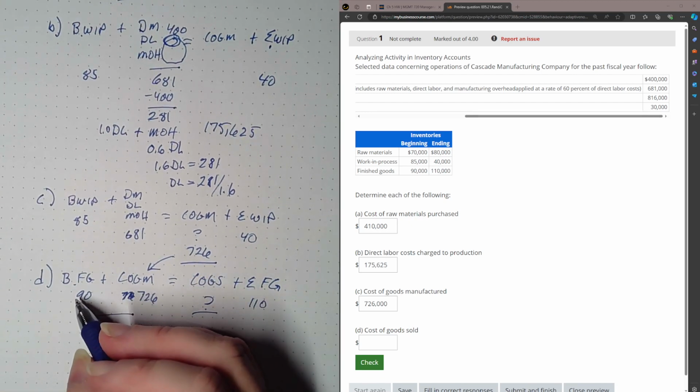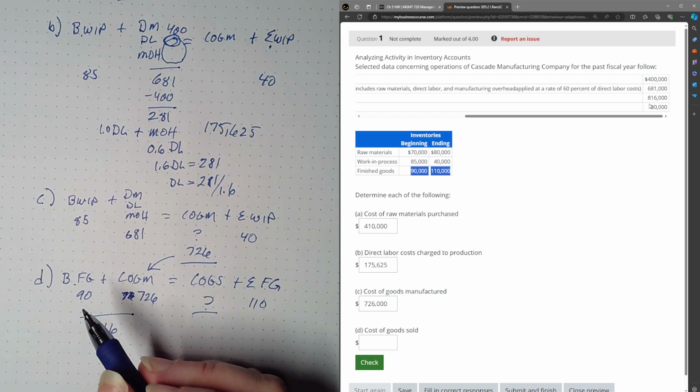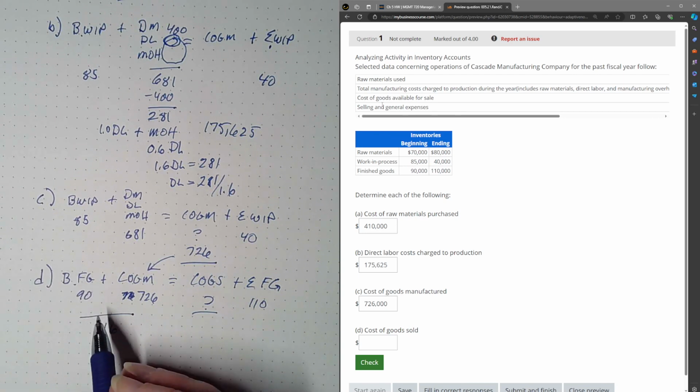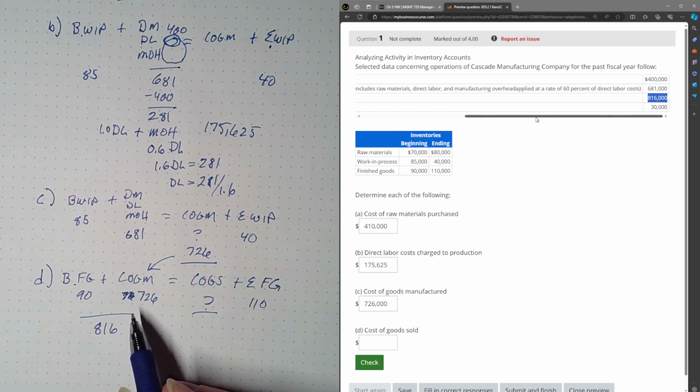And we know what the beginning finished goods are and the ending, so 90 and 110. They also give us this 816 here, which they say is goods available for sale. Well, let's just double check. 90 plus 726 is 816. So why they give it to us a second time, I guess maybe in case you were getting this number wrong, it's sort of a way to double check.